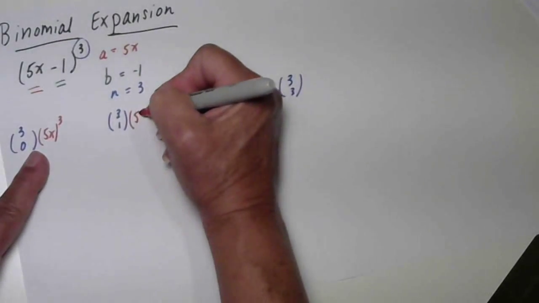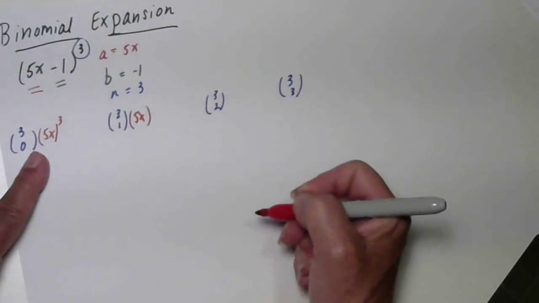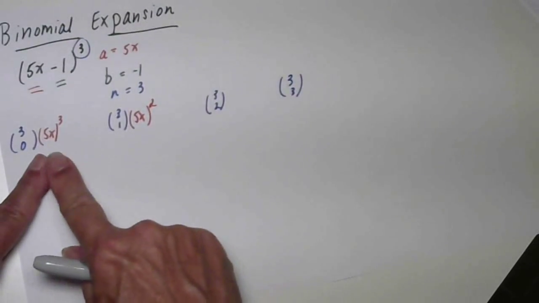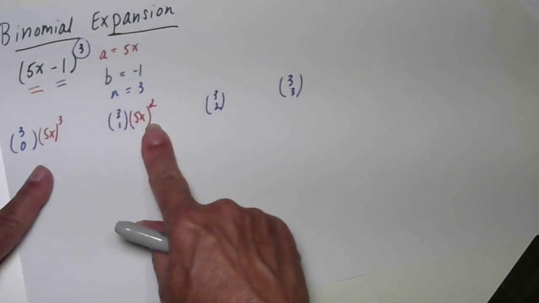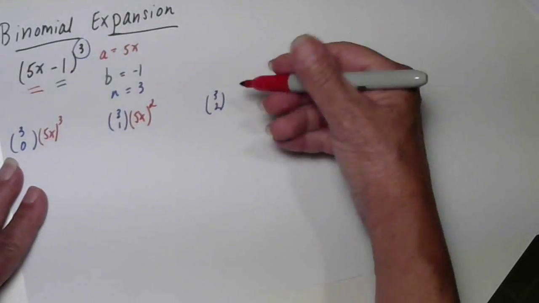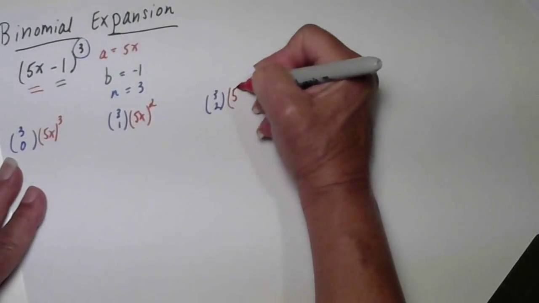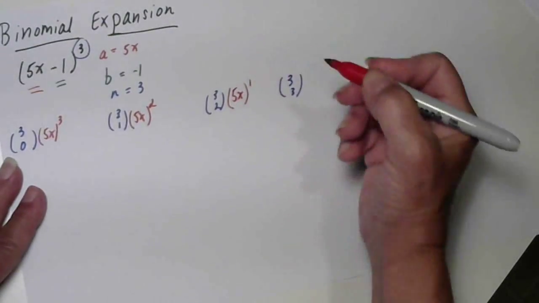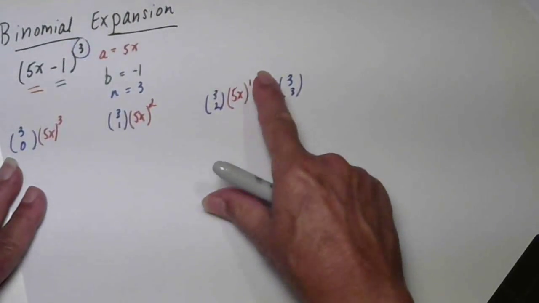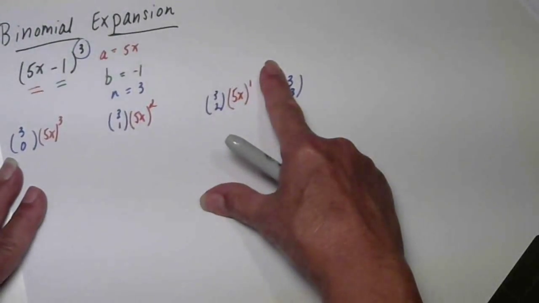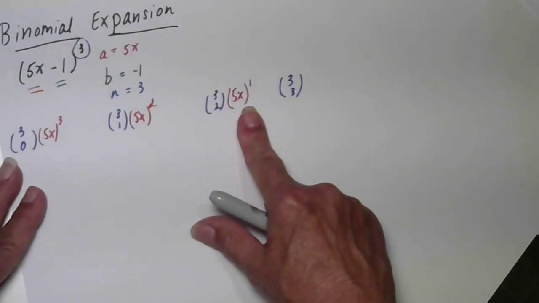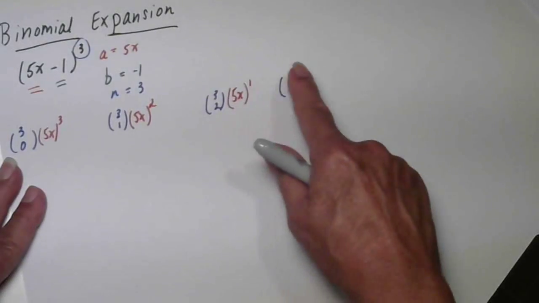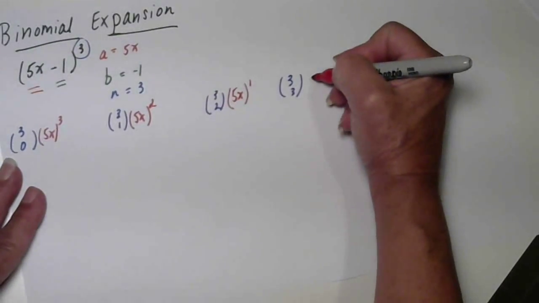In our next term, there is our 5x, and now the exponent decreases by 1, so we go 5x squared. In the next term, there's our A, 5x to the 1. Now, you don't have to write the 1 in. 5x to the 1 is 5x, but I'm writing that in so that we can see how the pattern proceeds, that it decreases by 1.